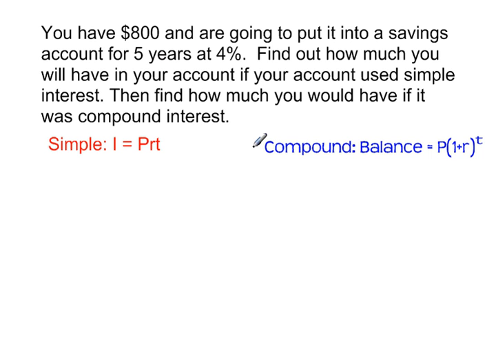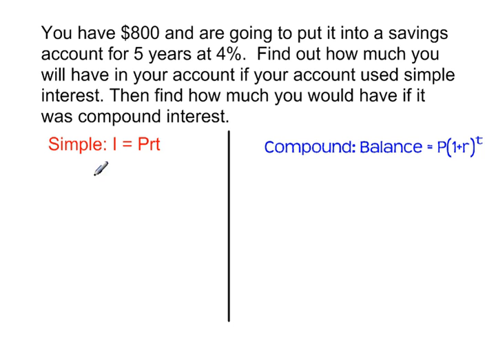So let's look at what the difference would be between these two different ideas. Let's say that you have $800 and are going to put this into a savings account for 5 years at 4%. Find out how much you will have in your account if your account used simple interest and then if it was using compound interest.